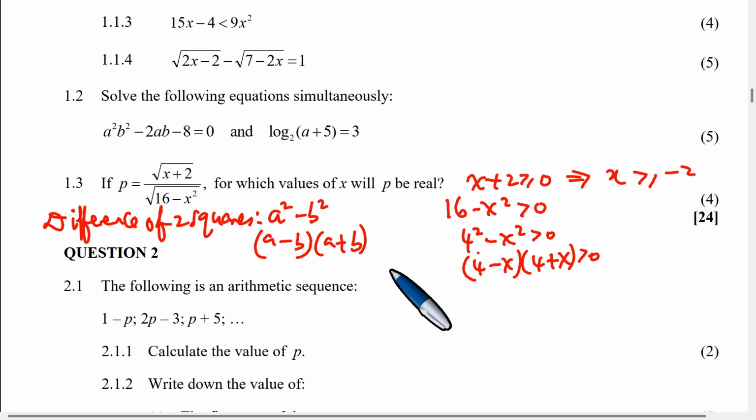We are looking at this and it has a negative x squared, so the associated parabola graph is going to have a maximum vertex. You have critical values at -4 and +4. We're interested in where this is greater than 0, so we're going to look at the part of the parabola graph that is actually there.